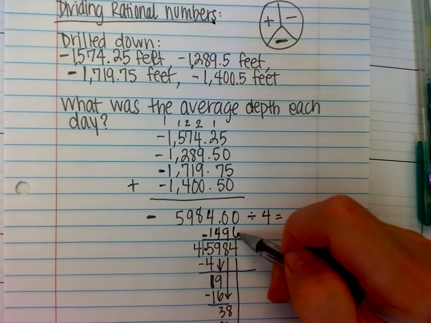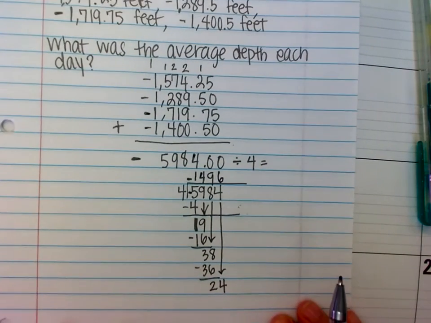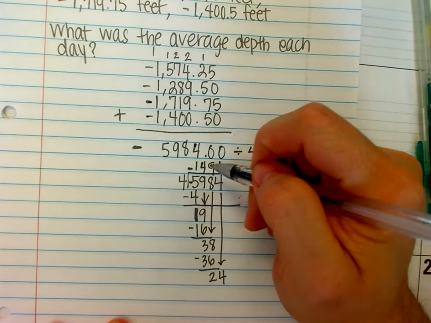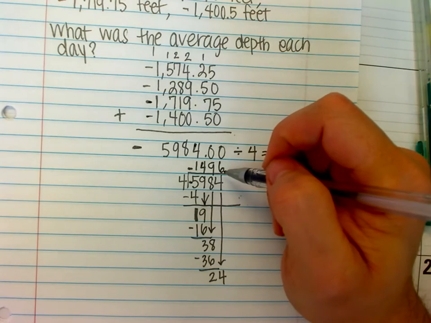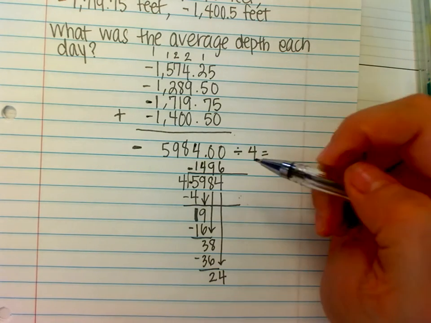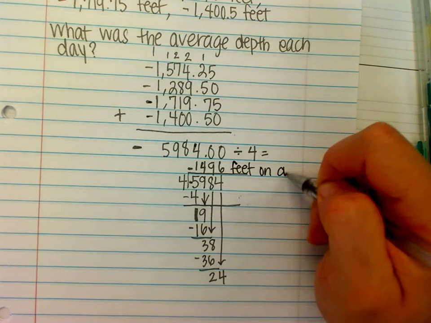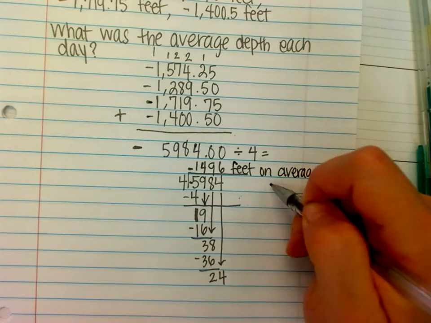And once we divide those numbers, we get a quotient of negative 1,496 feet on average per day.